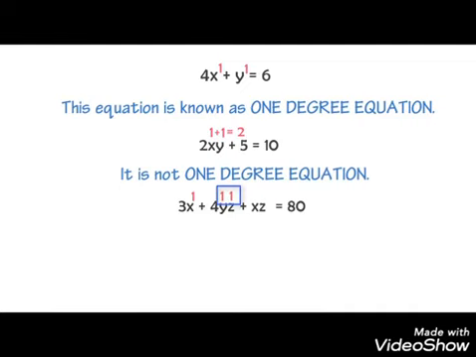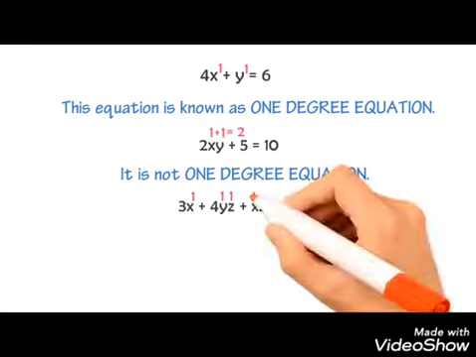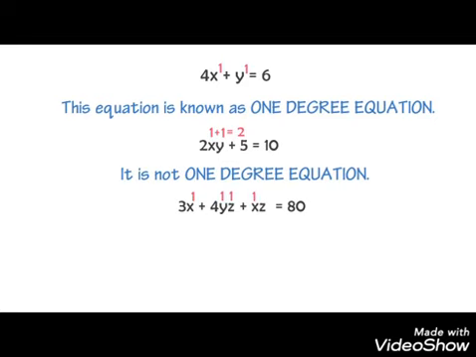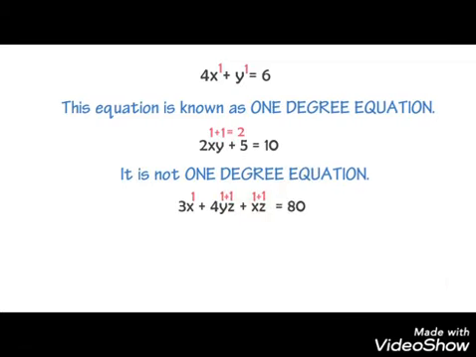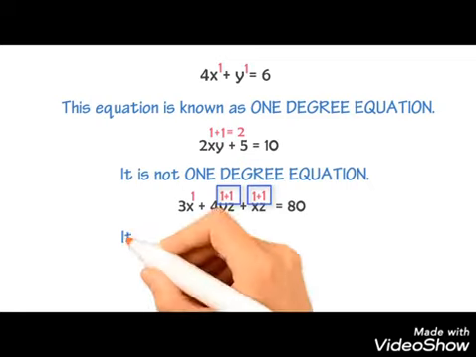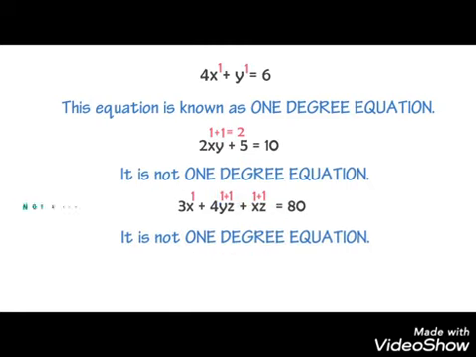Thus the power of second term is 2. The power of third term: x is 1 and the power of z is also 1. Hence 1 plus 1 is equal to 2. Thus the power of third term is also 2. So we can say that the highest power of this equation is 2. Hence it is neither a one degree equation nor a linear equation.